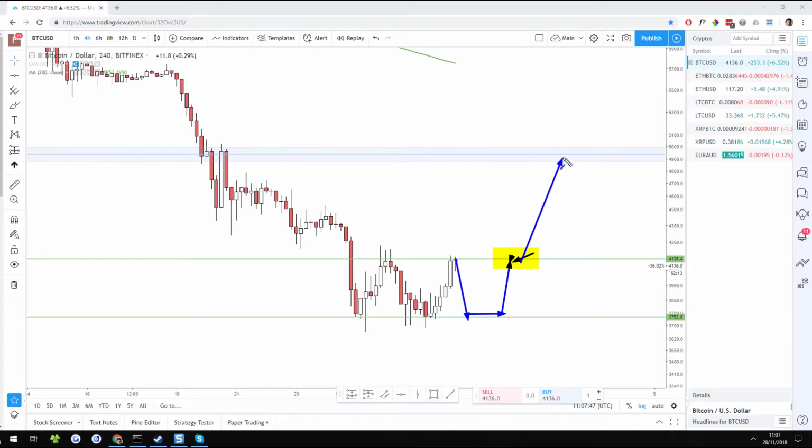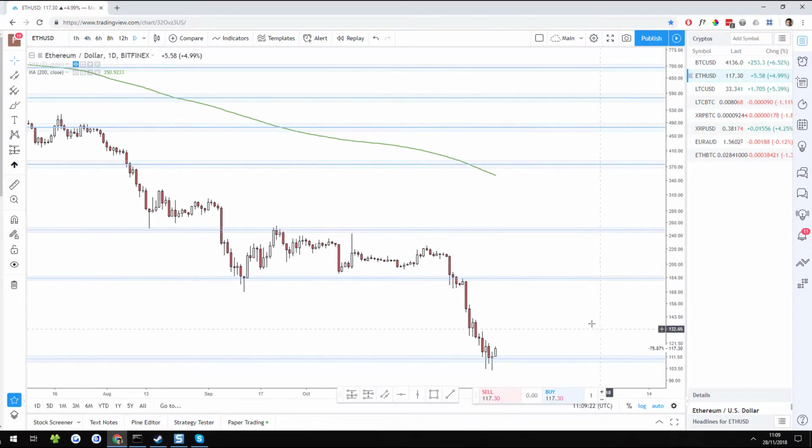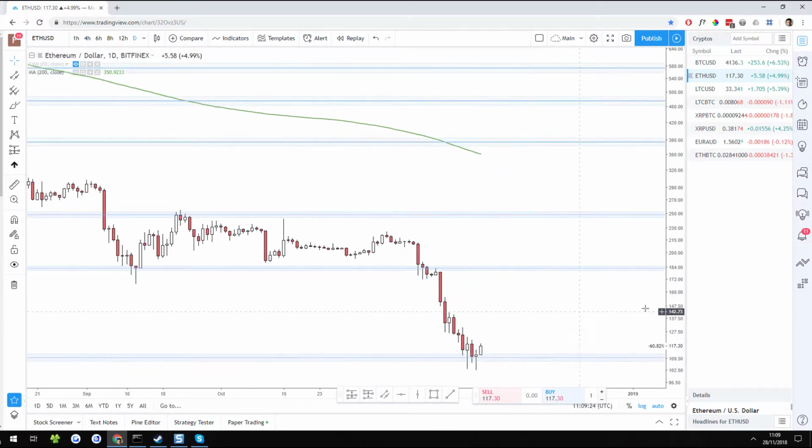But ultimately, I would love to have a target at this next major resistance area up here, which is roughly the 4,900-ish.